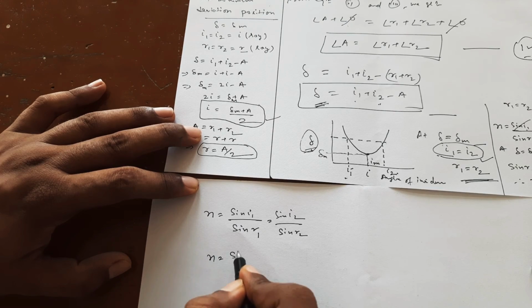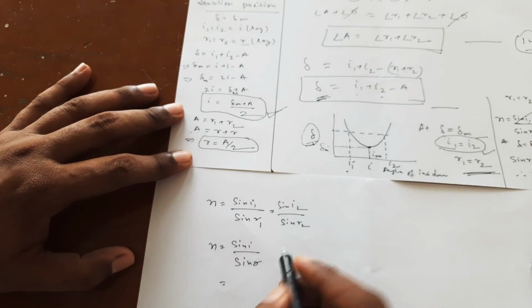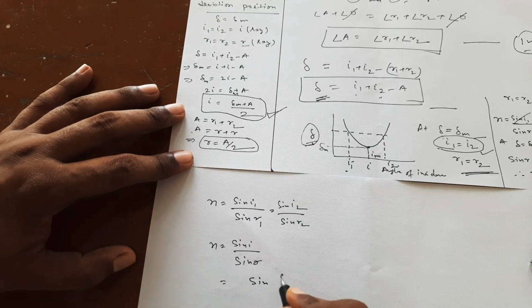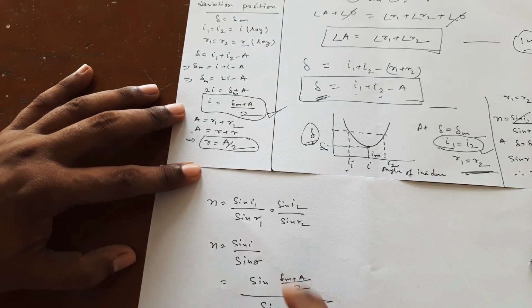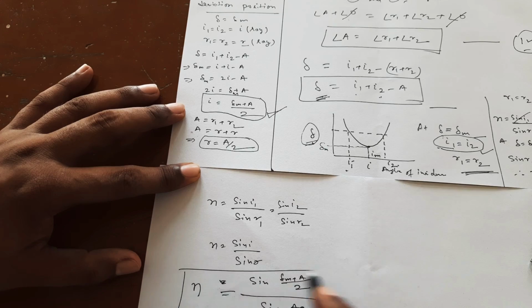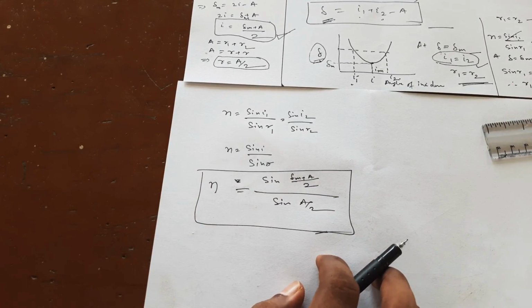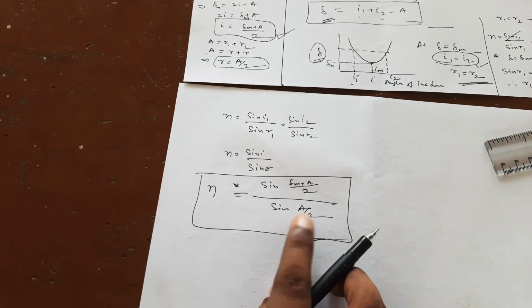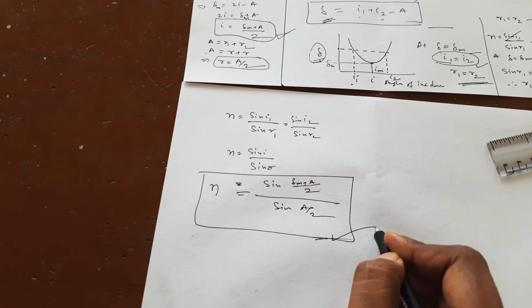So simply I wrote sine I divided by sine r. Put the value of I, which is (delta M plus A) by 2, and the value of r, A by 2. So this is the expression: n is equal to sine of (delta M plus A) by 2 divided by sine of A by 2.